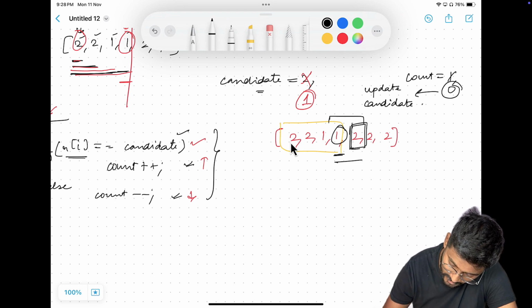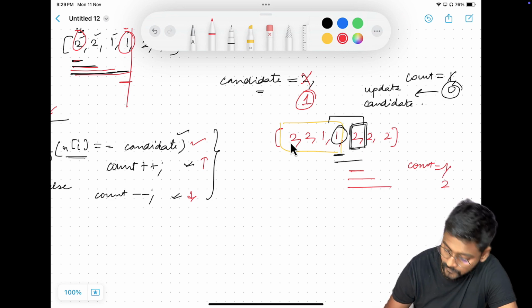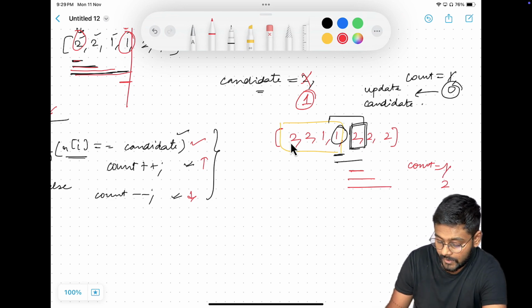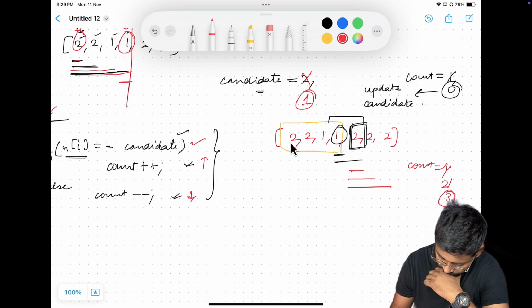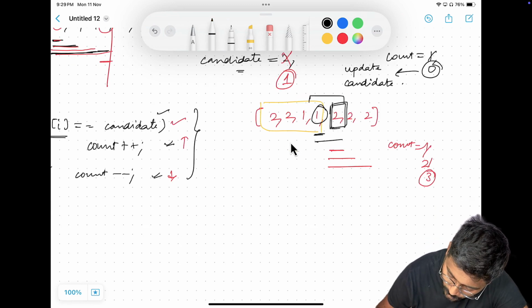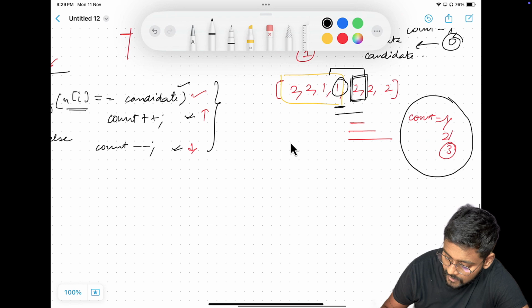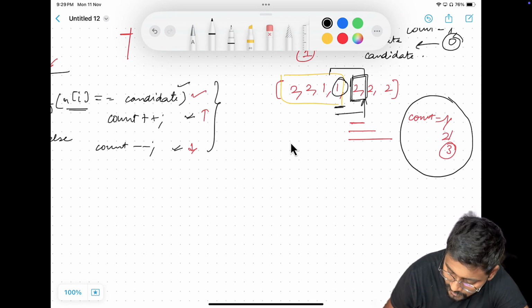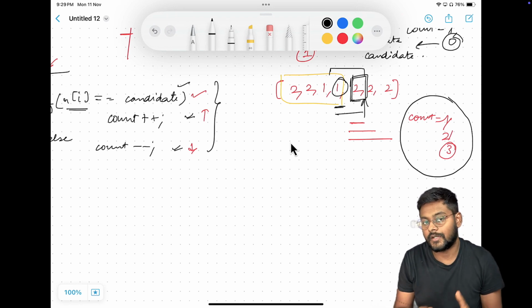Now let's see what happened. For this subarray, the count is 1. For this subarray, the count of the candidate is updated to 2. For this subarray, the count of the candidate is updated to 3. What this is showing is that this 2 element can be the candidate of our answer.